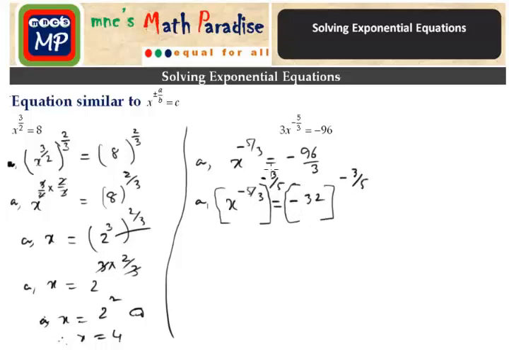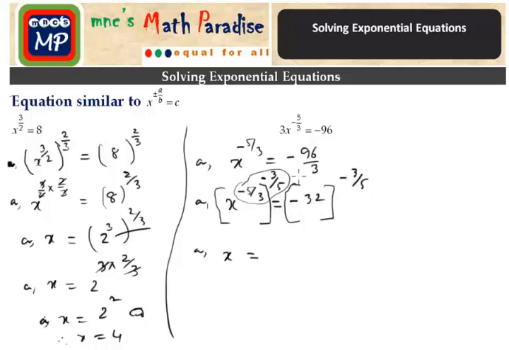These two powers multiplied will always give 1. If we have a positive power, we take a positive power. If we have a negative power, we raise another negative power with swapping the denominator and numerator, so that minus and minus always become plus. So x to the power 1 equals (-32) to the power -3/5.